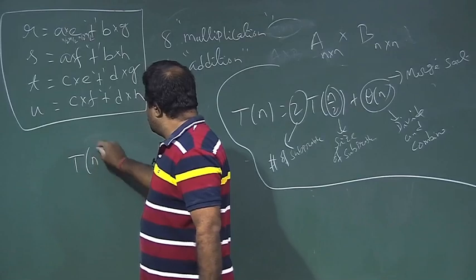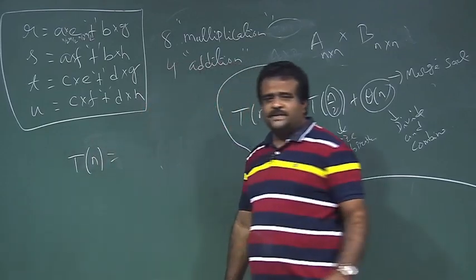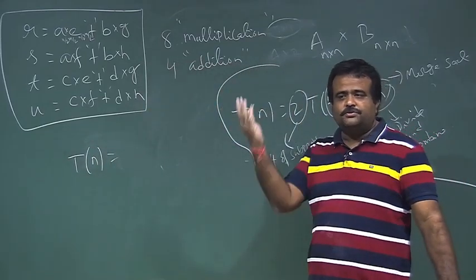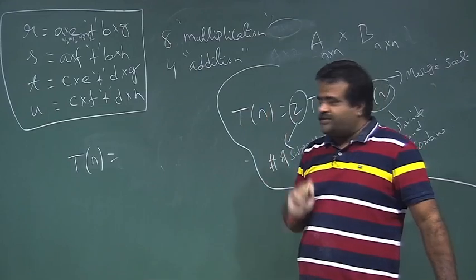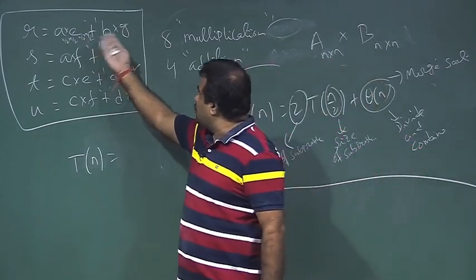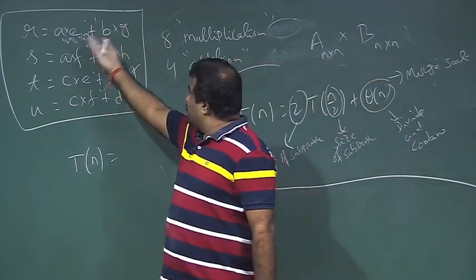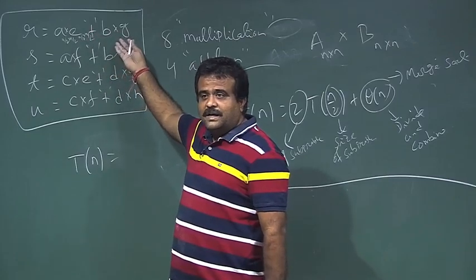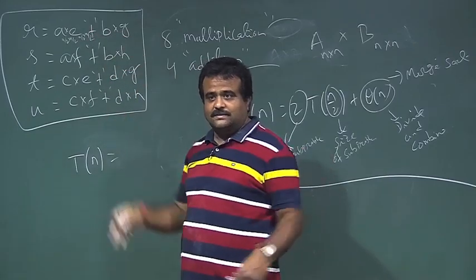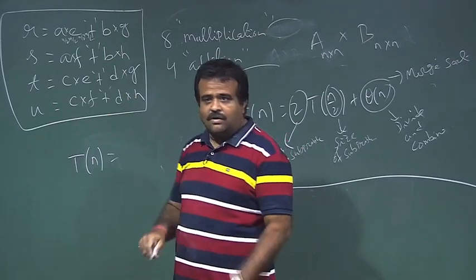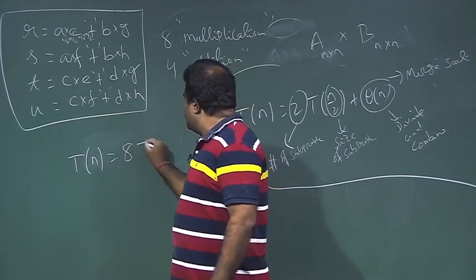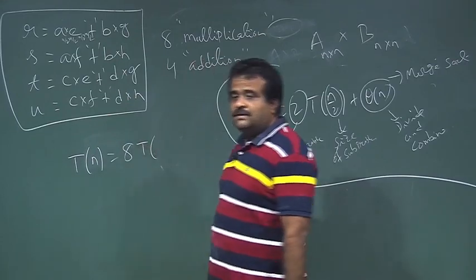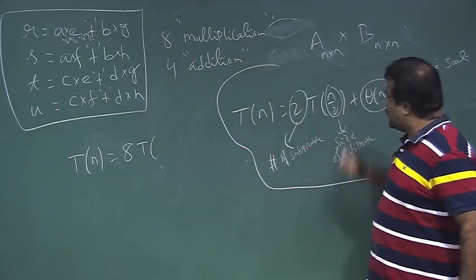Our problem is matrix multiplication, and we reduce this into sub matrices. So, how many sub problems? We have 8 sub problems, because 8 matrix multiplications are required on the lesser size. That will be done in the conquer phase. So, that is 8 T of n by 2, where n by 2 is the size of the sub problems.